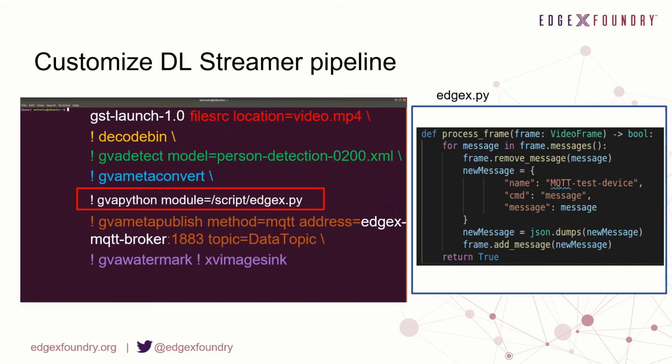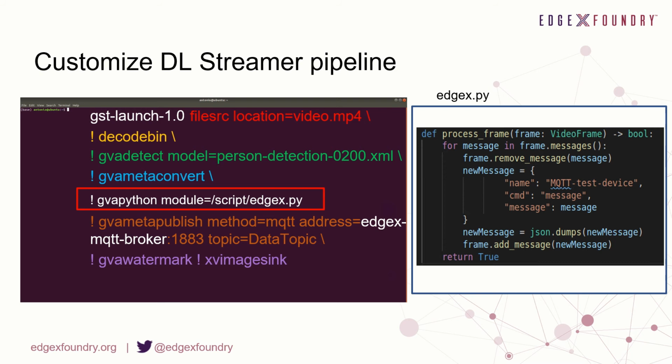Customize the DL Streamer pipeline. As I mentioned before, in order to send the data to EdgeX, we need to modify the schema. In order to do that, we can use the gvapython command that allows you to run a script and manipulate data from every frame before publishing it. For that, we need to create a very simple Python script that manipulates the schema of the JSON object before sending it over MQTT.